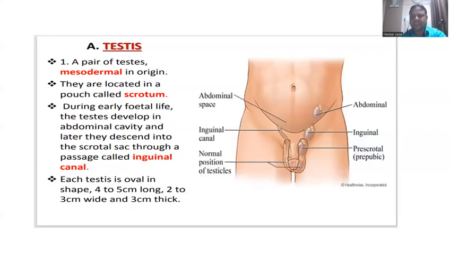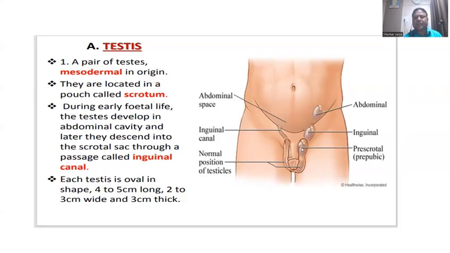When a male fetus is of 7 months in the uterus of the mother, at that time the testes are in the abdominal cavity. But after 7 months, these testes descend down, coming into the scrotal sac by a canal called inguinal canal. See here, the inguinal canal through which they are coming into the scrotal sac.